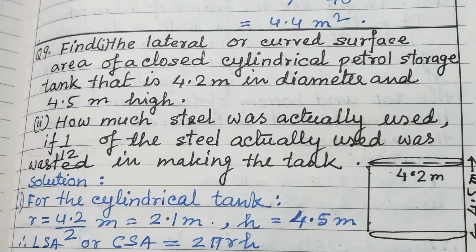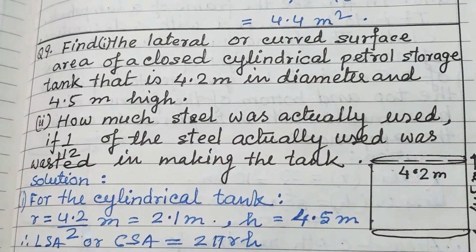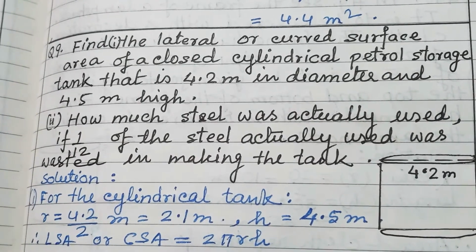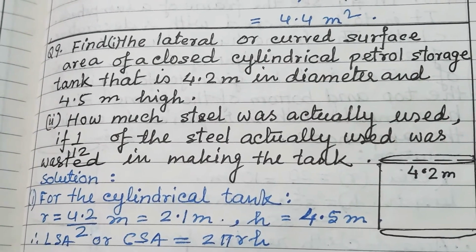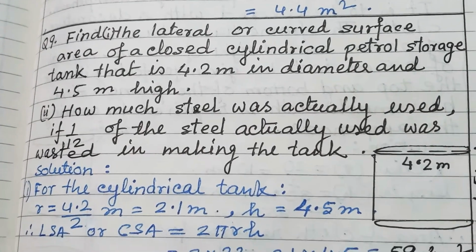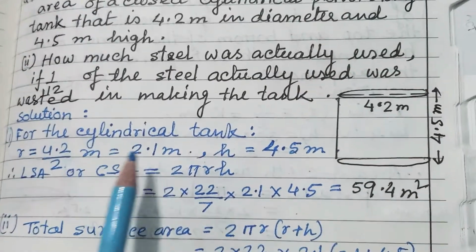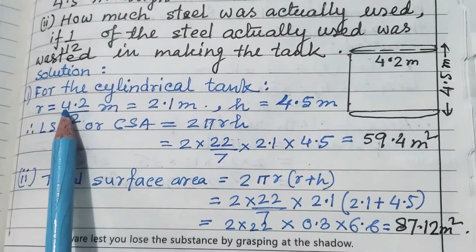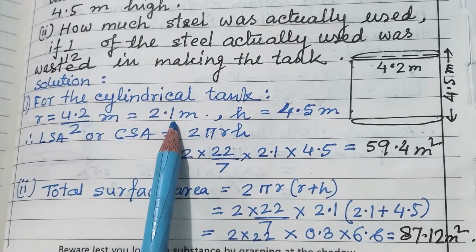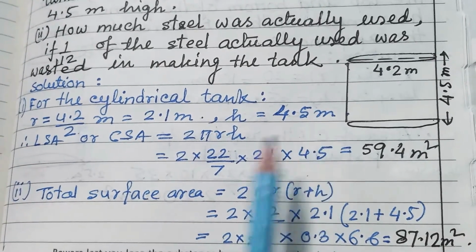Second part is how much steel was actually used if 1 upon 12 of the steel actually used was wasted in making the tank. Okay. Now it is the tank. For the cylindrical tank, diameter has been given, change into radius, it is 2.1 meter. Height has been given, 4.5 meter.